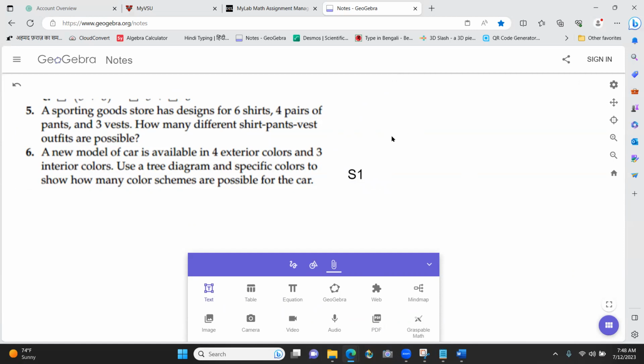And what are they? I'm going to say P1, P2, P3, and P4.